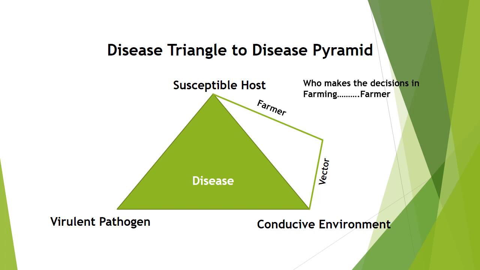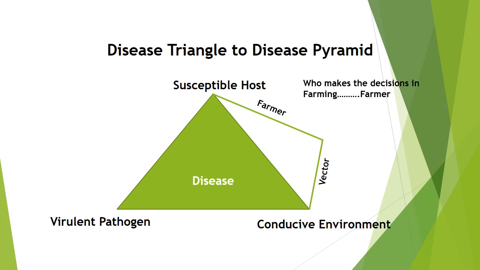So we cannot take away the farmer. The recent plant pathologists say that along with the vector, we should have a space for the farmer, because his decision has an impact on the disease.